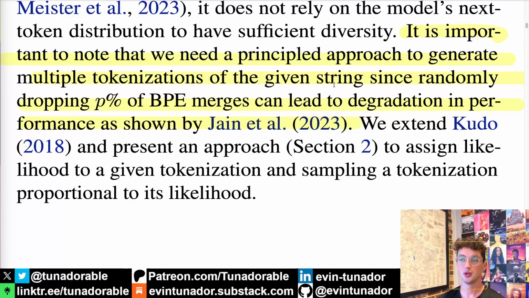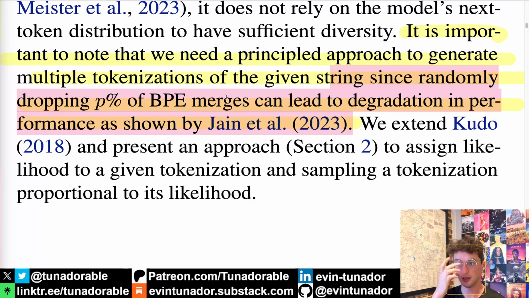However, we need an actual well thought out way to do this, given that if you were to just randomly drop some percent of the BPE merges, the byte pair encoding merges, that would probably lead to degradation in performance, as has been shown in the past, and just because the LLM likely doesn't even get trained with a lot of the actual possible tokens it has access to, and certainly wouldn't have seen your given input prompt in that configuration of tokens during training, given that you likely didn't do this random dropping of BPE merges during training, which, by the way, I want to test out, to see how the LLM performs if you randomly drop out some percent of BPE merges.